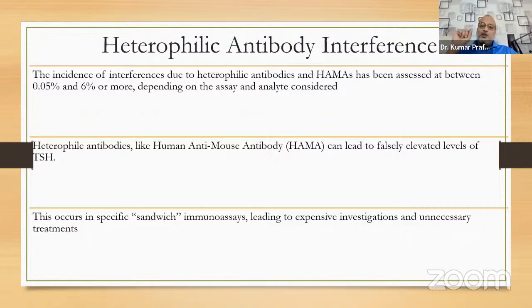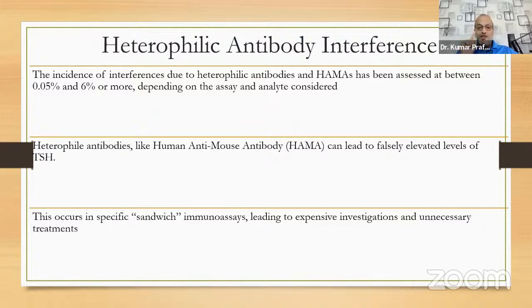So here, when you find that you are replacing thyroid hormone, you are continuously increasing the dose, but still TSH is not getting suppressed, and the patient starts getting features of hyperthyroidism, you need to think that there is some interference in measurement of the TSH, and that is mostly because of human anti-mouse antibody that leads to increased value of TSH.